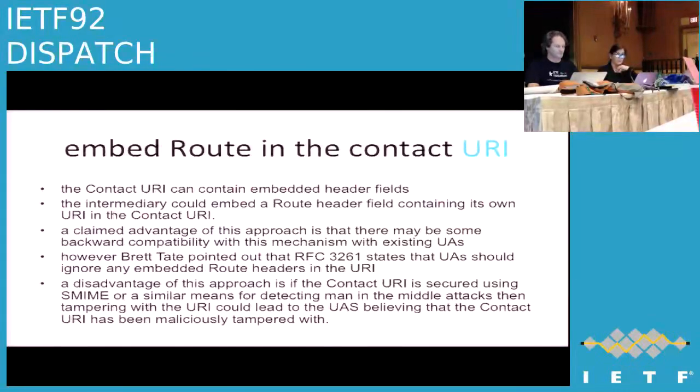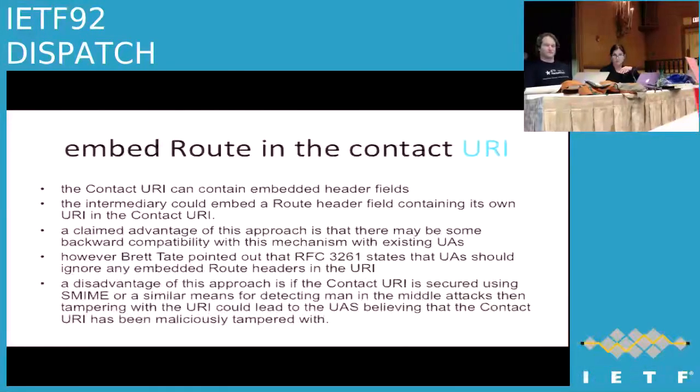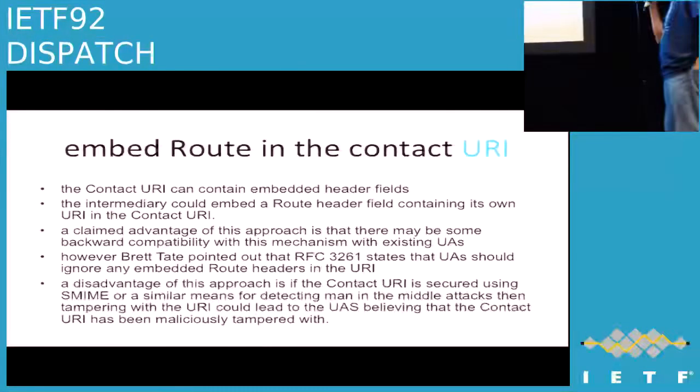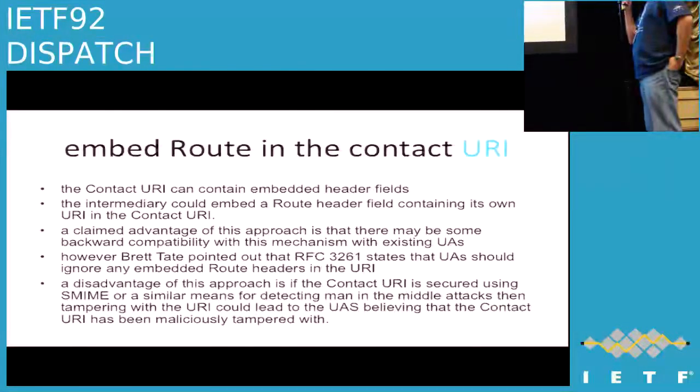But Brett Tate pointed out that RFC 3261 states that UAs should ignore any embedded route header fields in the contact URI. And there may be some disadvantages to this approach. If the contact URI is secured using S/MIME or similar means for detecting man-in-the-middle attacks, then tampering with the URI could lead to the UAS believing that the contact URI has been maliciously tampered with.